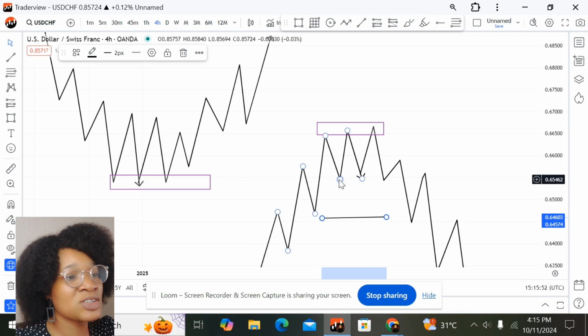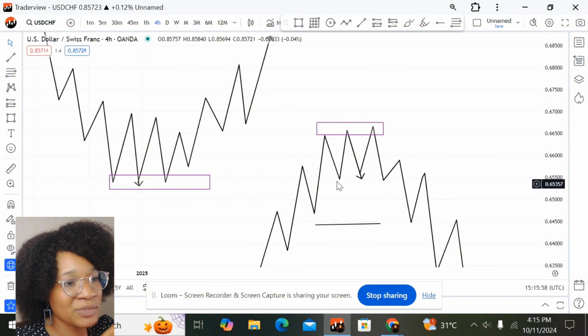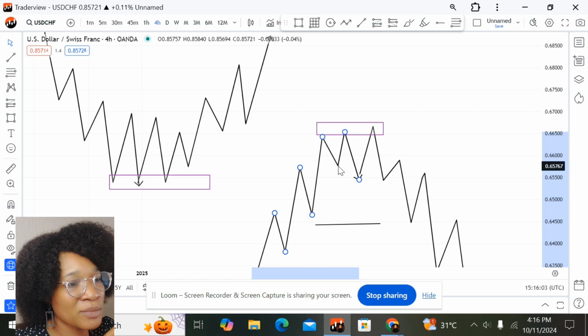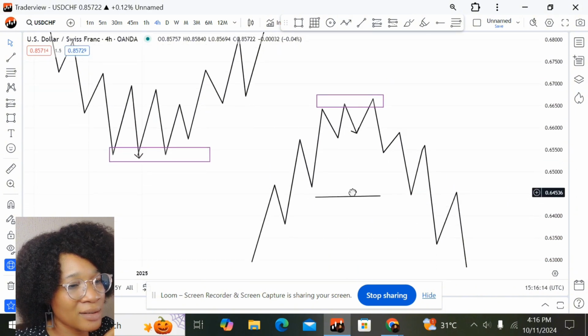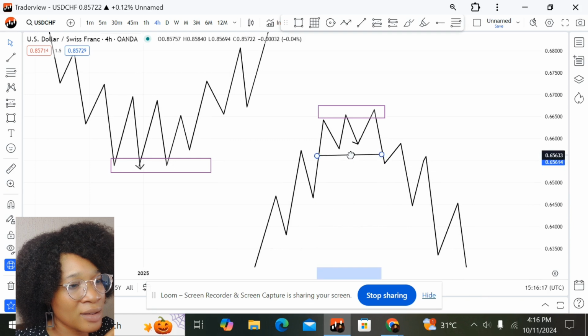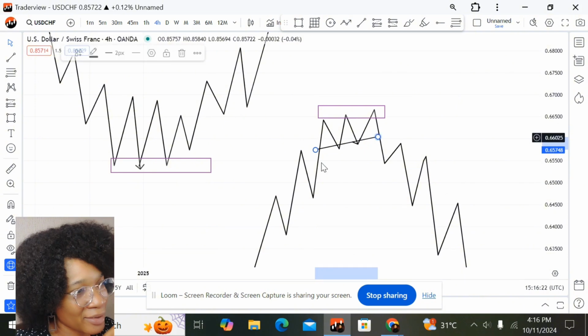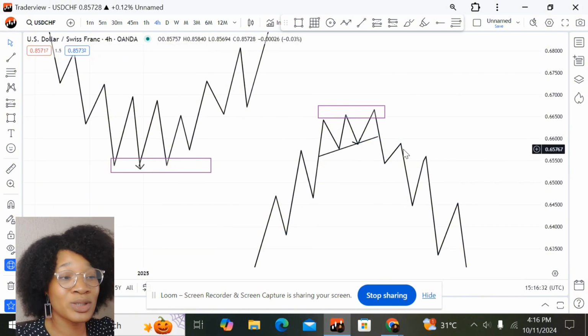So even if it is not as clear as this horizontal line here, even if you find something like this, so let's say what we could find is something like this. This is a neckline. As long as you touch the line about 2 or 3 times, or the zone about 2 or 3 times, it signifies to you that that is the neckline.